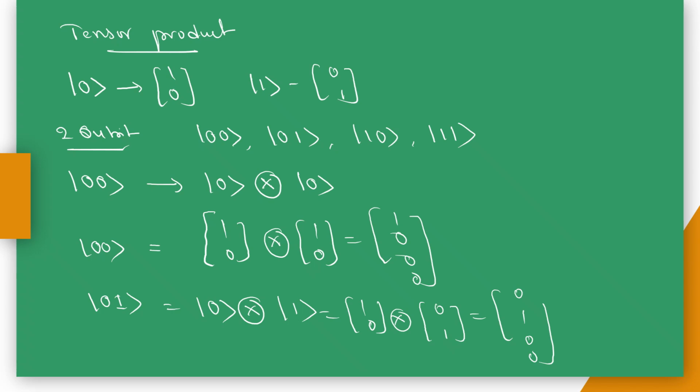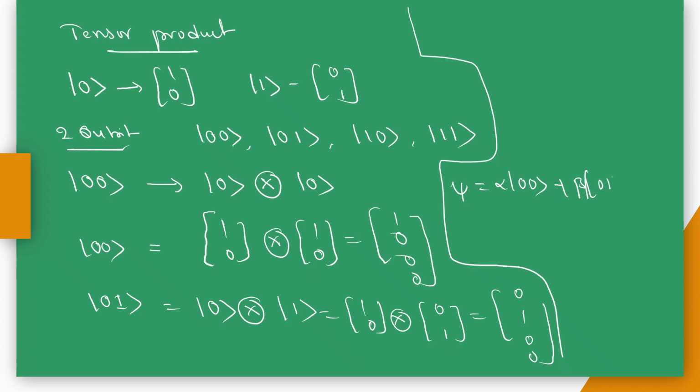Finally, to represent the combination of all the states, psi equals alpha state 00 plus beta state 01 plus gamma state 10 plus delta state 11, in matrix form it is alpha, beta, gamma, delta. This is the matrix representation of the 2 qubit system.